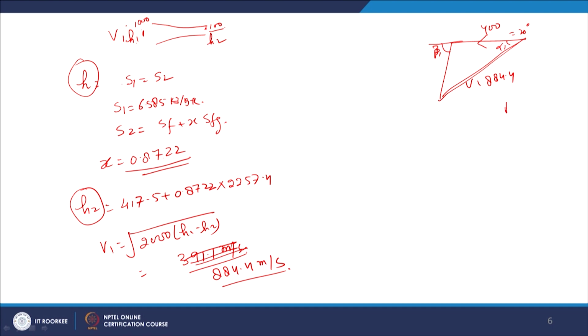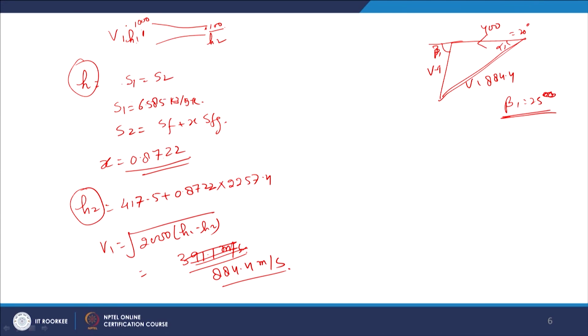Here beta 1 is 25 degree. After calculating beta 1, we can easily find the value of VR1, and VR1 is 526.6 meters per second. Once the triangle is drawn, all the parameters we can easily calculate, right?